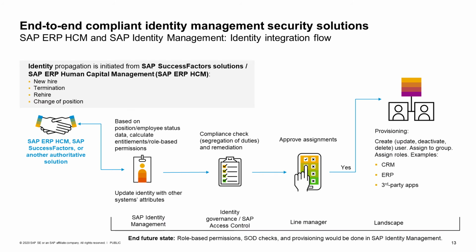So from a functional standpoint, if you think about onboarding an employee, they typically would come in through SAP ERP HCM, the HR system from SAP, or SuccessFactors, our cloud solution, or another authoritative source.